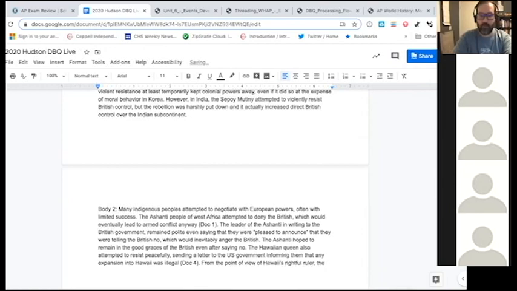So I'm going to say from the point of view of Hawaii's rightful ruler, the fact that Hawaiian land was suddenly under someone else's control seemed ridiculous.